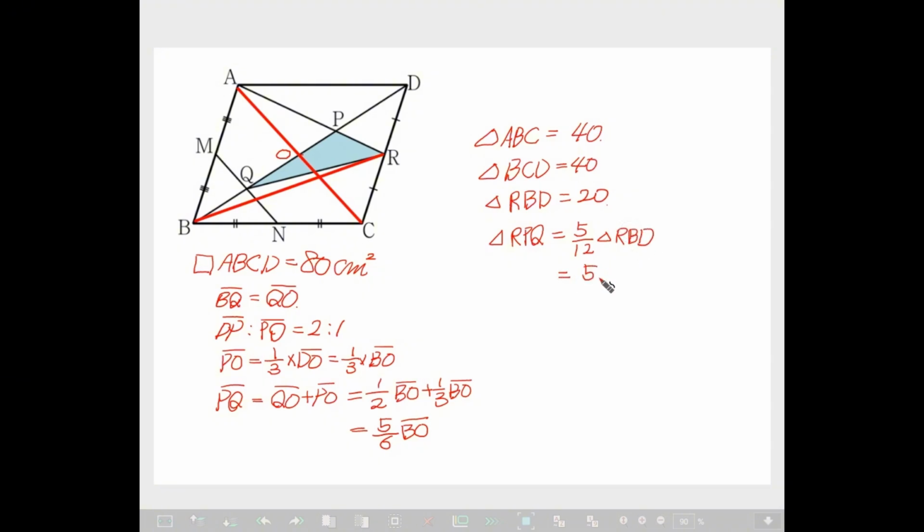Triangle RPQ equals 5 over 12 multiplied by 20, which is 25 over 3. Finishing. Thank you.